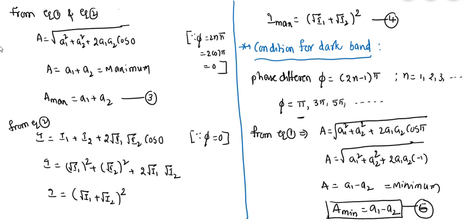What is the formula for the minimum intensity? This is equation 5 we can consider. Minimum intensity: this condition for dark band we will substitute in the intensity formula also.